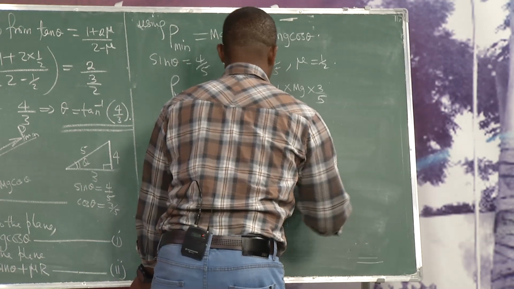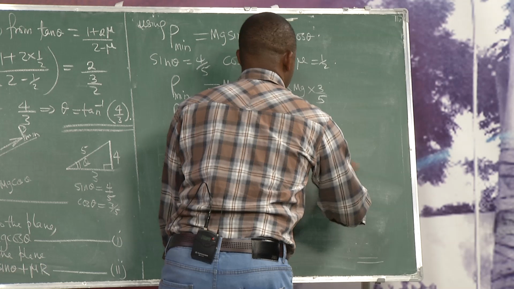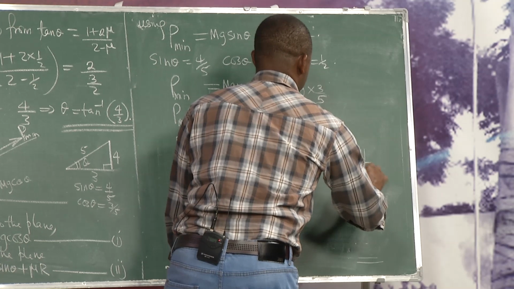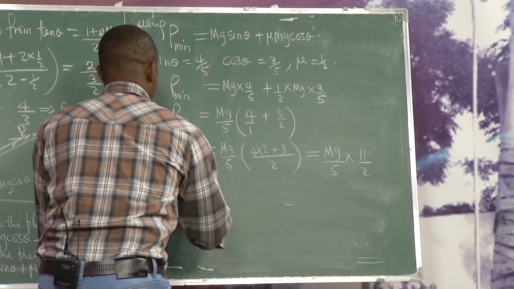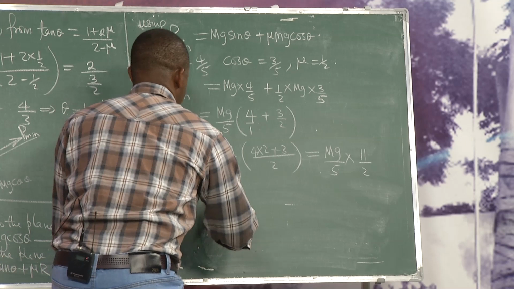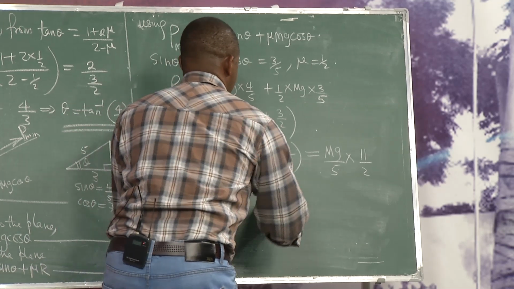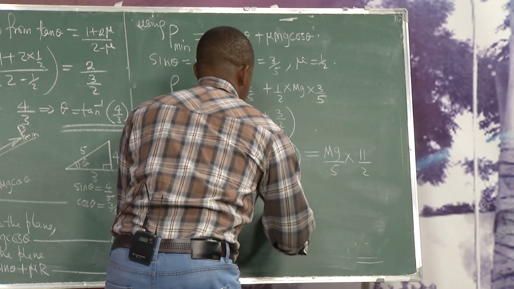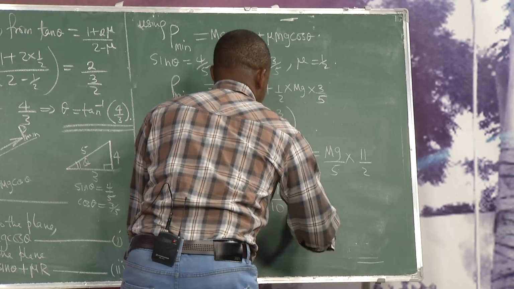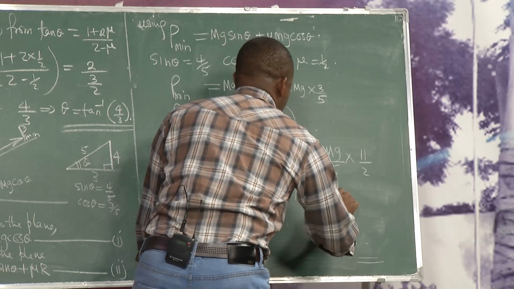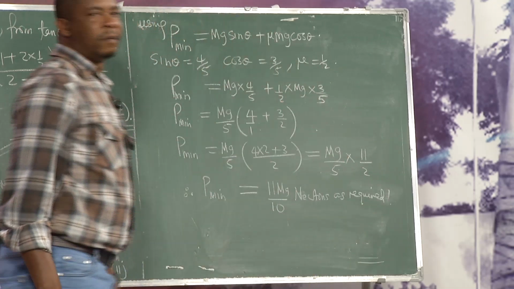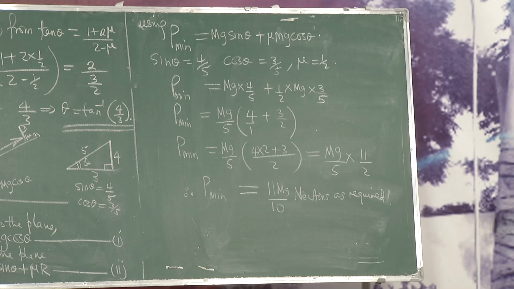If we work this out, we have mg out of 5 times 11 out of 2. And therefore, finally, we can confirm that the minimum force required will be actually 11mg out of 10 newtons, as required, because they wanted us to show that the minimum force will be given by that value.